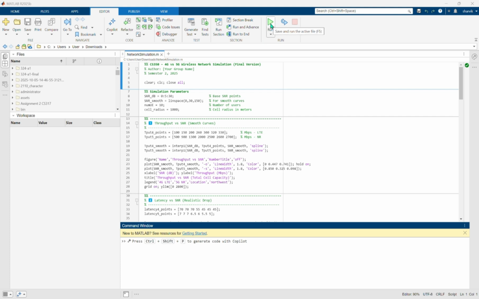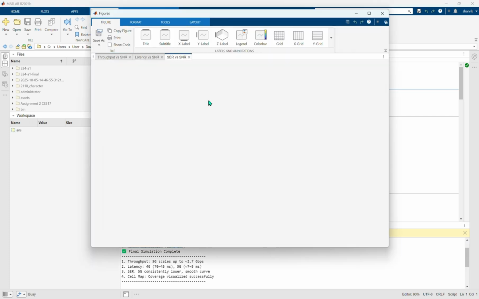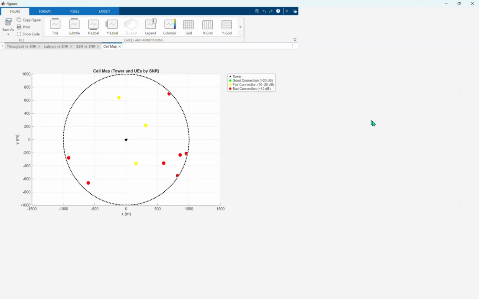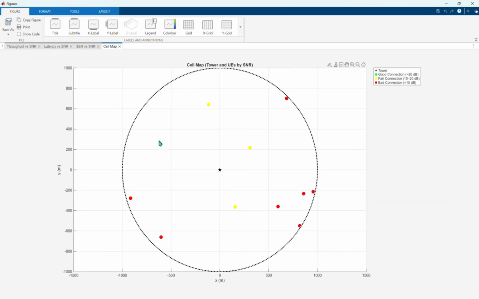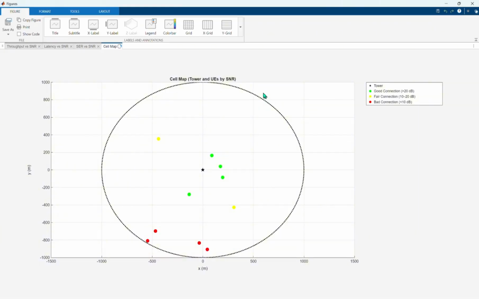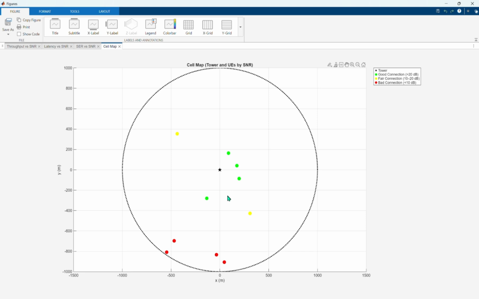Now that we understand the code, let's discuss each graph in more detail, starting with the cell map. In this visualization, the black star in the center represents the cell tower, while the dotted boundary indicates the edge of the coverage area. The colored dots represent different user devices.